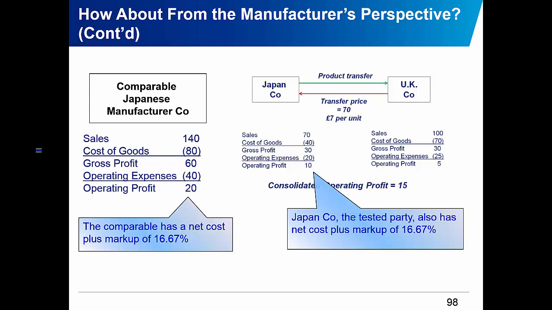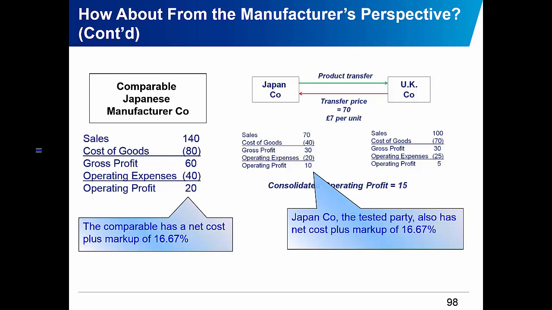So while we earned a profit of 10, our total costs were the combination of cost of goods sold and operating expense of 60, the comparable company earned an operating profit of 20. That's twice as much as us, but their cost of goods sold, 80, and their operating expense, 40, add up to a number that's twice our operating cost plus cost of goods sold. So our return above the cost base in both cases is exactly the same, 16.67%.